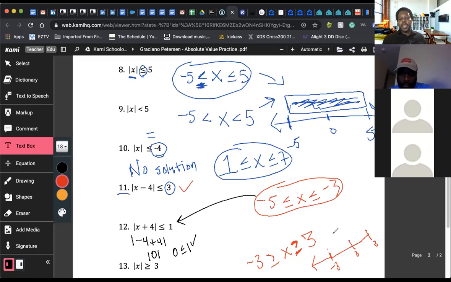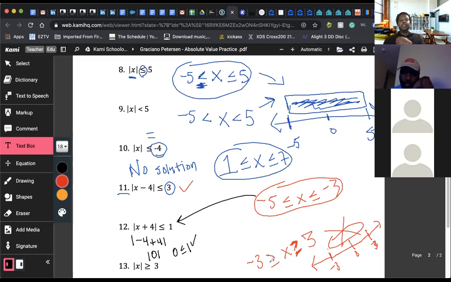x cannot be any of these numbers. I can't have any of the numbers in between -3 and 3, because if I put any of those numbers in here, it's not going to work. If I put in 1, 1 is not greater than or equal to 3. But if I put in 4, 4 is greater than or equal to 3. So it can't be the range inside here.